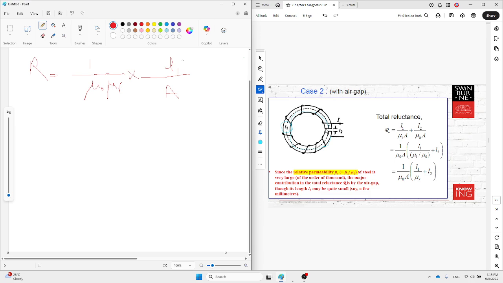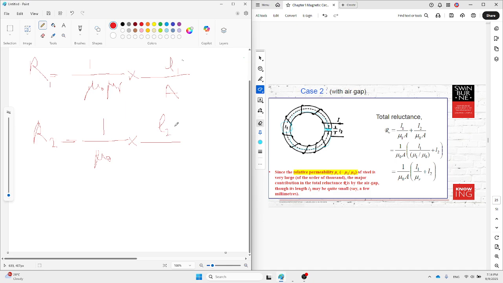You can see the cross-sectional area for both sections is the same, okay? As you can see, I'm trying to fill it with cyan. Now R2, which is for the air gap, is 1 over mu 0 for sure, because there is no other material there, times L. What is L?